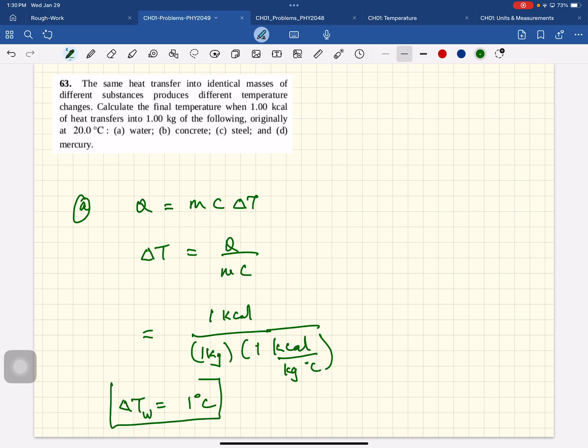So if you dump 1 kilocalorie of heat on 1 kg of water, you'd raise its temperature by 1 degree Celsius. Let's do the same thing for concrete. Of course, the specific heat of concrete is much lower, so the temperature rise would be much higher.